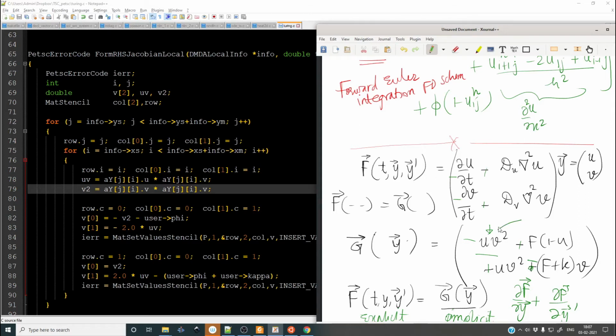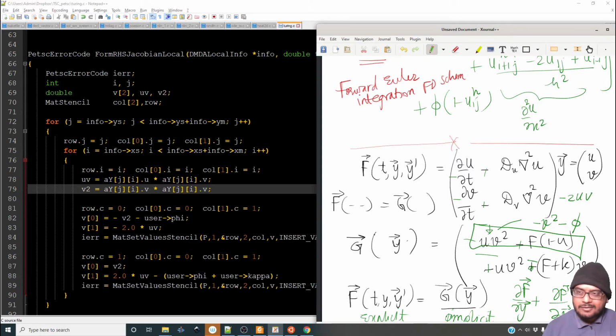So when you take a derivative of this function with respect to u, you get minus v squared minus 5, which appears over here. Then this is minus 2 uv. So when you take a derivative of this with respect to v, you have minus 2 uv, which is appearing over here. So uv is already declared as this double. It's a local variable inside a function, so it doesn't matter.